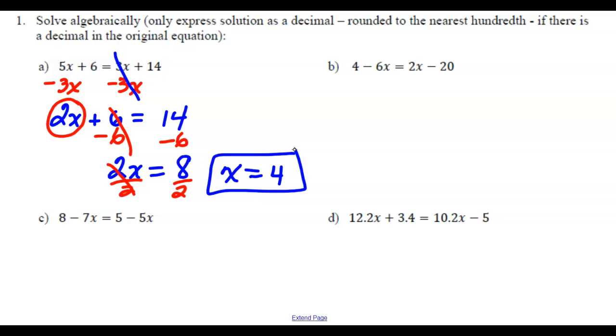All right, so next one here, two terms with x, two constant terms. What's smaller, negative 6x or positive 2x? Smaller is the negative one.